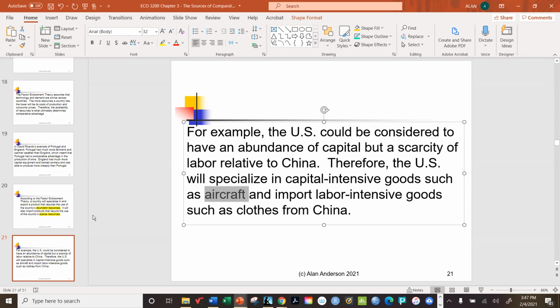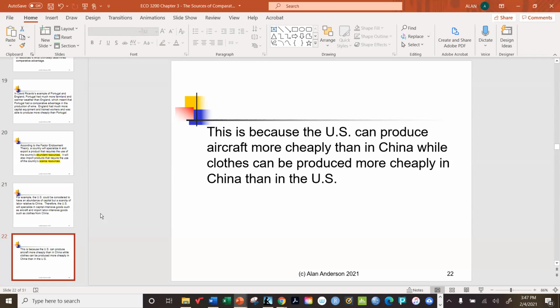So this is an example of how that theory works. The bottom line is the US can make aircraft more cheaply because we have more capital and specially trained workers. China has the advantage in labor. And of course, maybe it's not clear, but clothes do require a certain amount of manual labor to be produced, whereas aircraft obviously is being built with machinery.